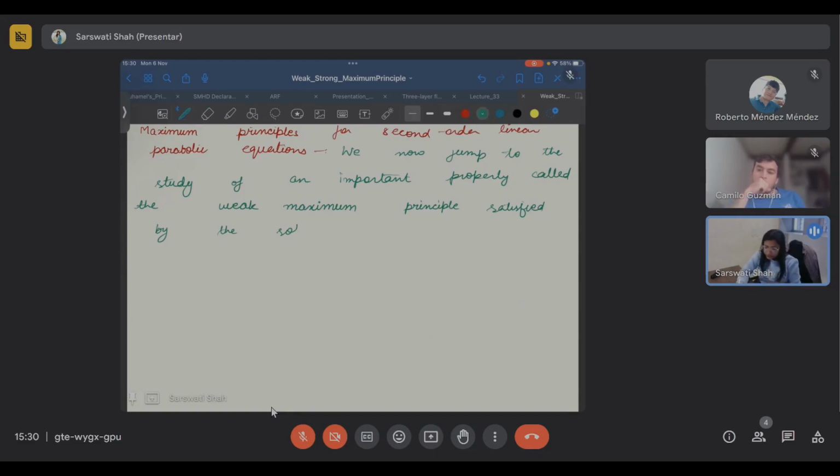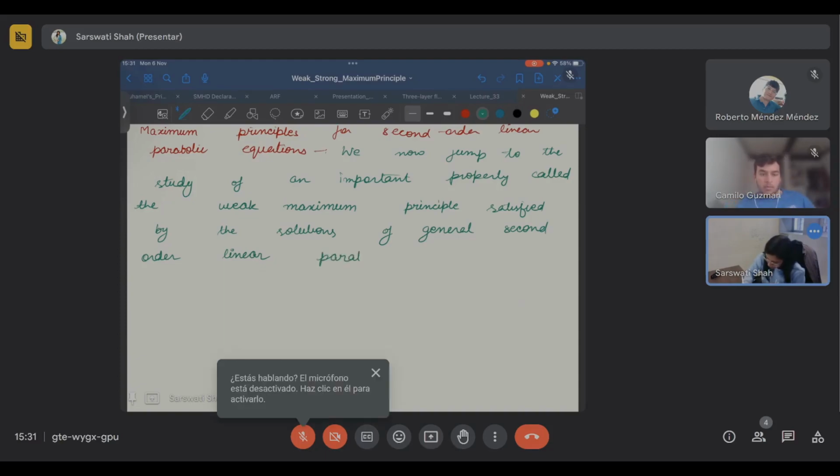We now jump to the study of an important property called the weak maximum principle, satisfied by the solution of a general second order linear parabolic equation.